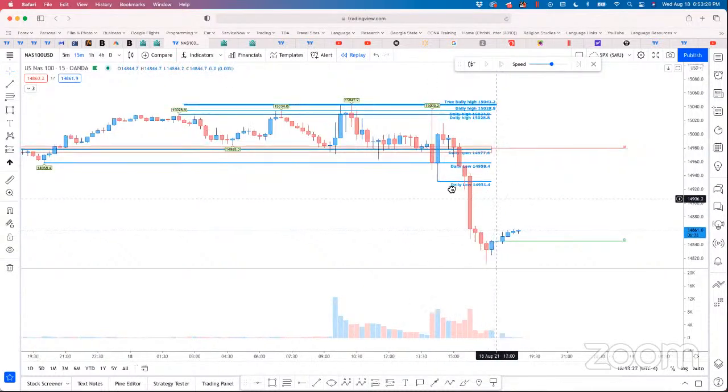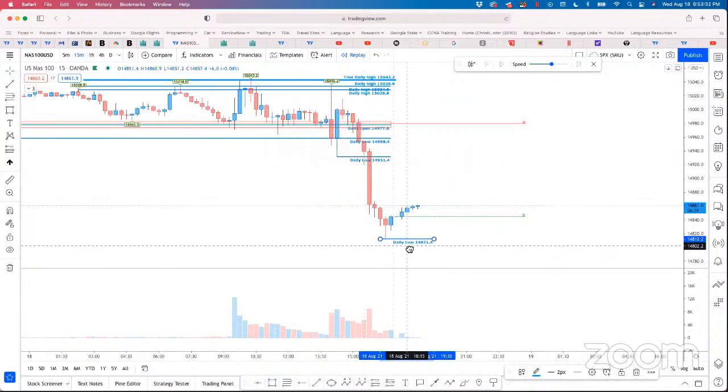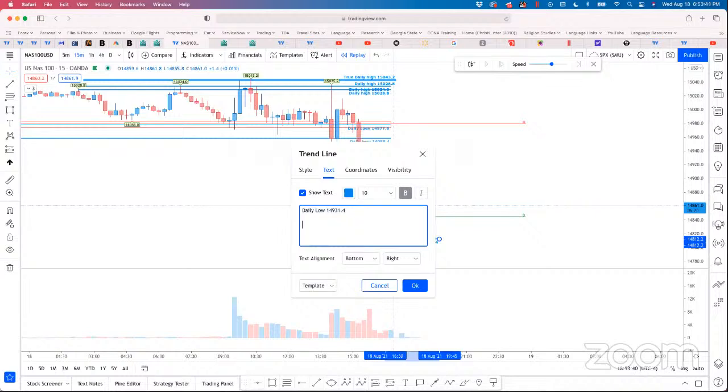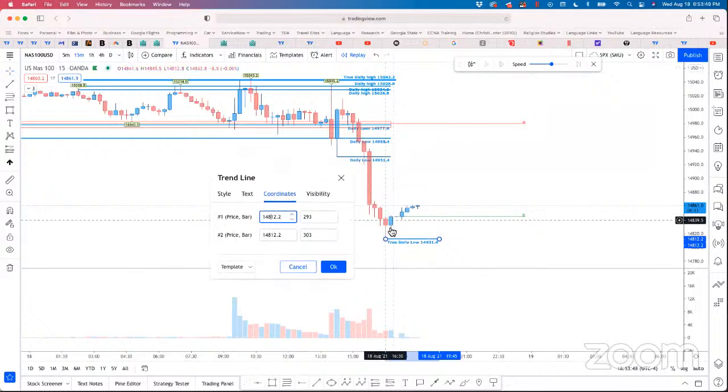And then the true daily low is going to make this low right here.